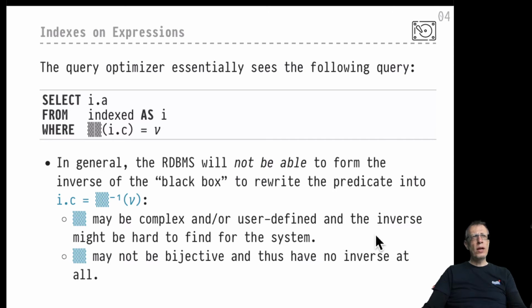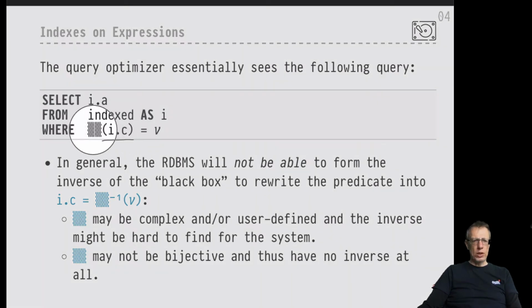The problem that we were facing, in a more general form, would be the following. We are performing this particular query. There is a column I.C involved in a complex expression, and that complex expression is actually a gray or black box for the optimizer, because we were equipped with the knowledge of how we can transform the sine, the A sine, and how we can get rid of the degrees function.